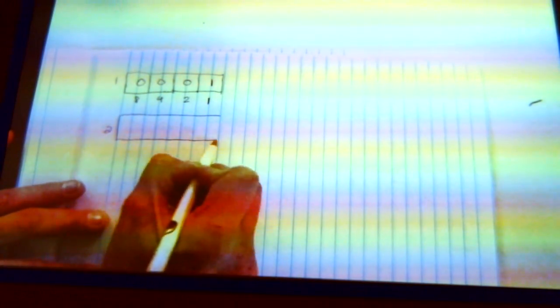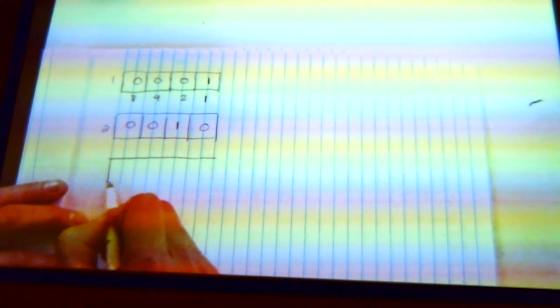So the next value, 2, is just as simple because there's a place here that is equal to the value of 2. So we set that bit, and the other 3 bits are off, and that gives you the value of 2. Now when you start dealing with numbers that are not a perfect power of 2, we have the value of 3.